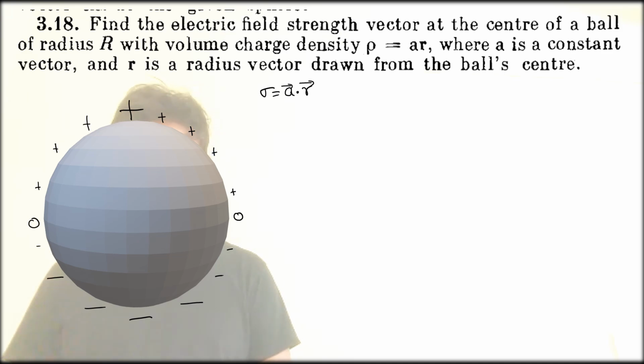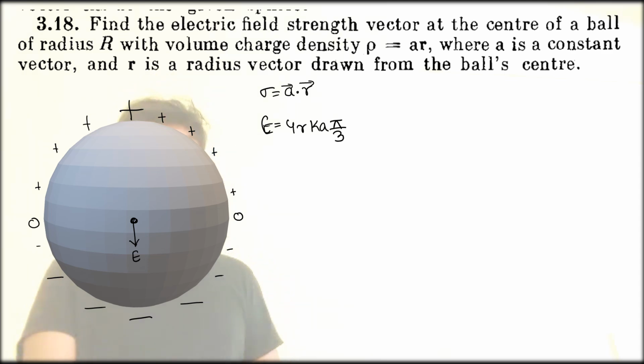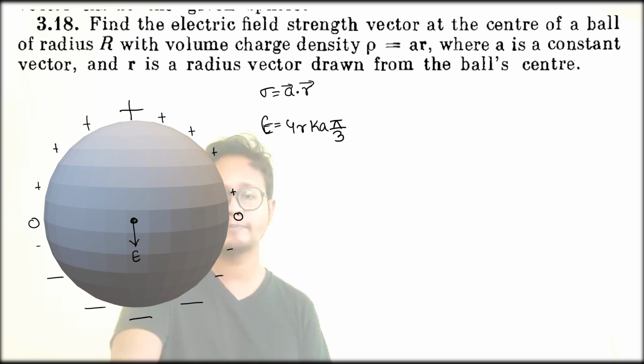And the electric field at the center due to this charge distribution was given by how much? The electric field at the center was equal to 4 R K A into pi by 3, isn't it? Now if I rearrange this for our convenience, I'll write it as 4 pi by 3 K into AR.